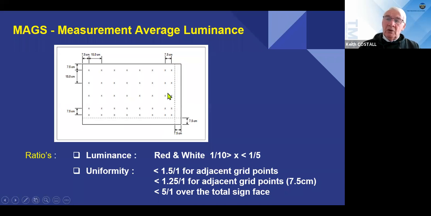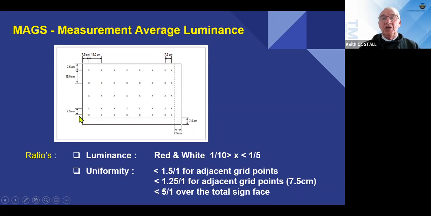I'm not going to go into the fine detail of uniformity of white light, uniformity of red light, yellow, etc., but I bring to your attention that there is uniformity in the isocandela that we have to check. That's what we're really checking when we want to demonstrate and justify compliance, because as I said, no point in having a bright light in the center and dark around the edges.